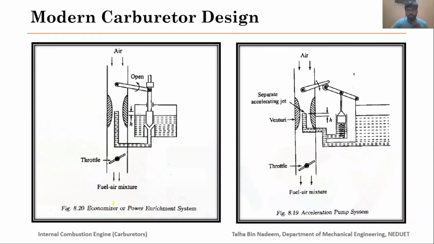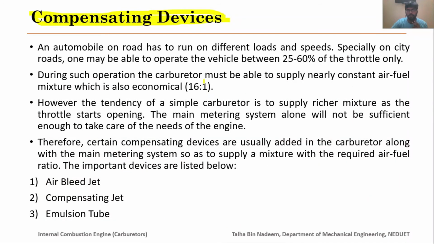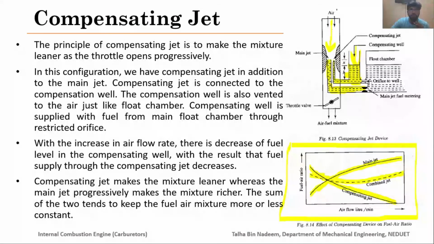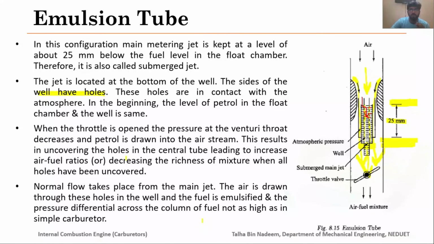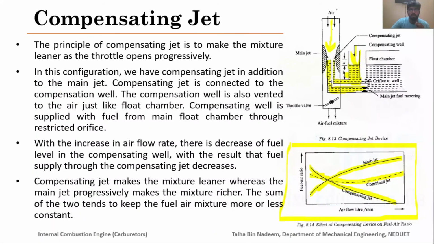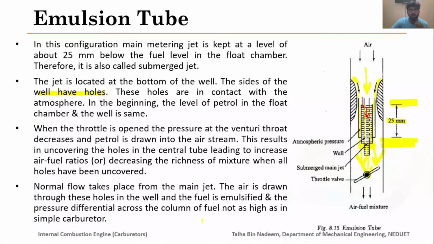We discussed these diagrams, and then we started off with some additional compensating devices, and we discussed the air bleed systems, compensating jet, and the emulsion tube as well. So we will end the accessories topic here.